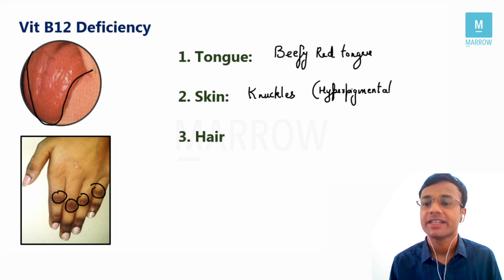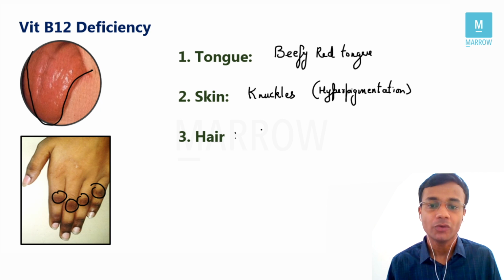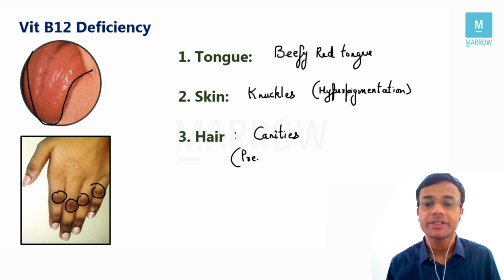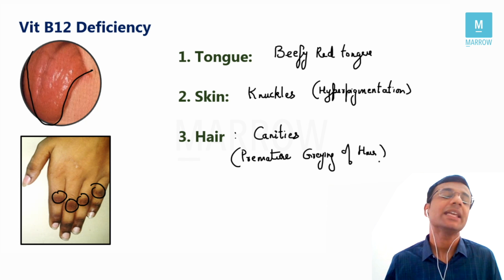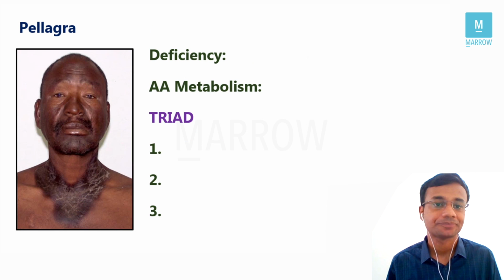And many times when students also come to us with premature graying of hair, we do vitamin B12 levels because this is termed as canitis. So what is canitis? Canitis is premature graying of hair.